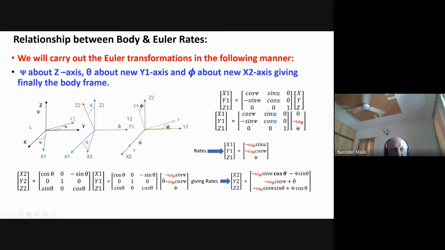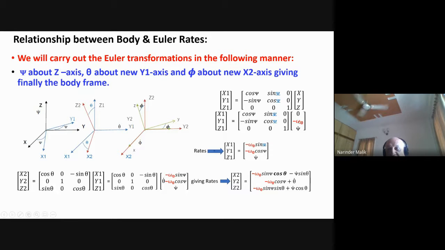Remember, I told you the spacecraft has an angular velocity minus omega naught about the orbital pitch axis. So I substitute here the angular velocity about the pitch axis, minus omega naught, and psi dot is the rotation I have given. Psi dot is that Euler rate.